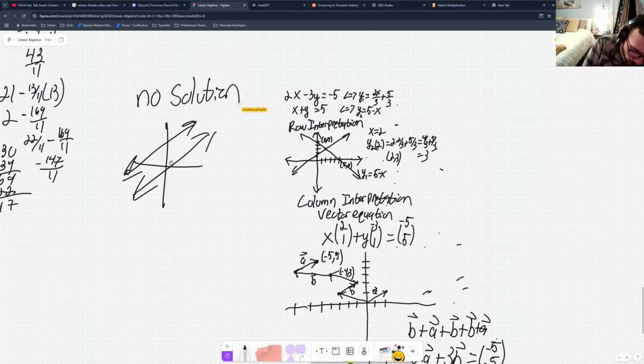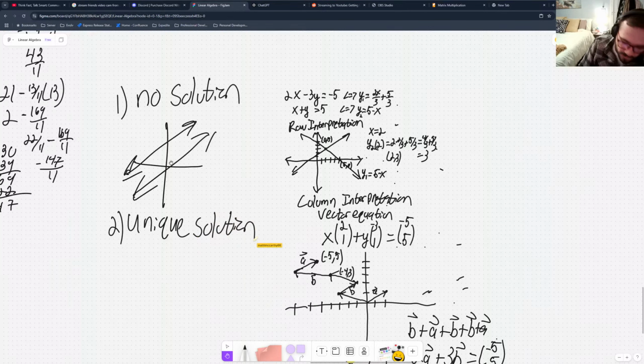We're more familiar with the unique solution. It can either be 1, no solution, 2, a unique solution. That's what we've been talking about, where there's one value for x and y, or one value for x, y, and z, that converges on one solution. Only those values work out in all of the equations.